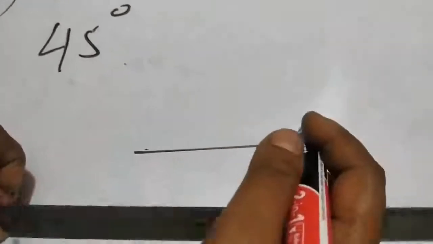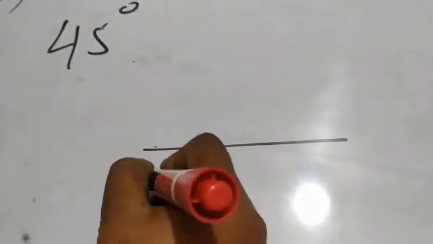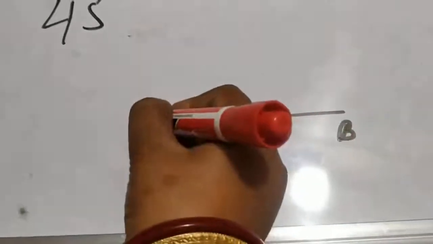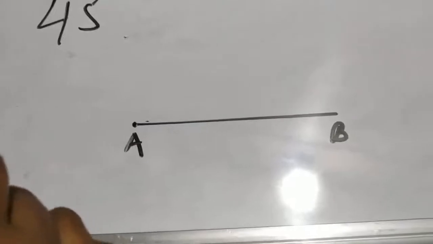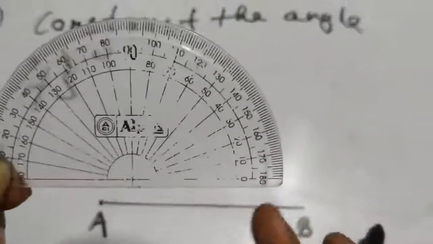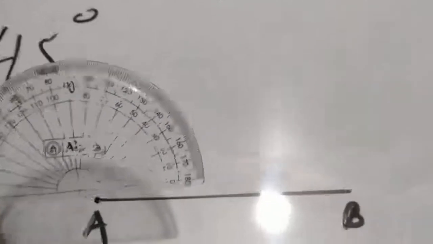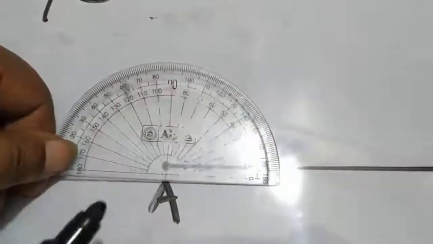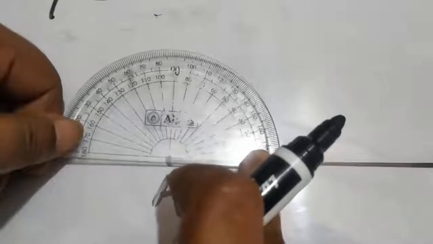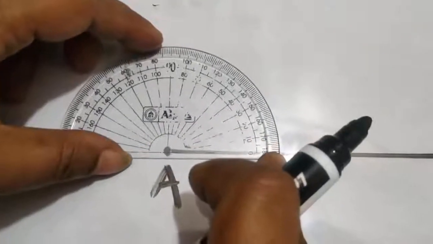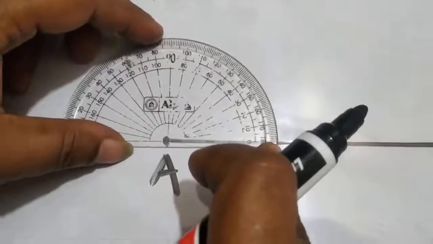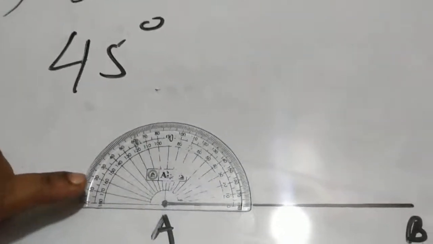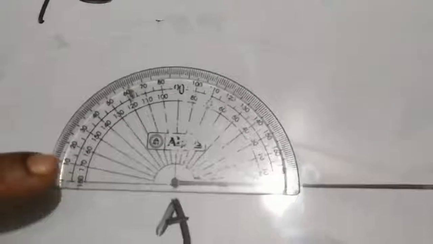Now give the name of the line AB. At the vertex A, you put the protractor, the 0 of the protractor should be at the vertex A, and the base of the protractor must coincide with the line AB. Here the measurement is 45 degrees.